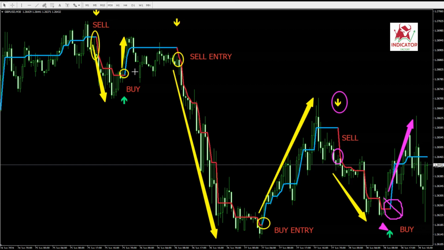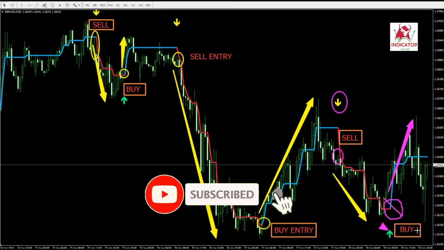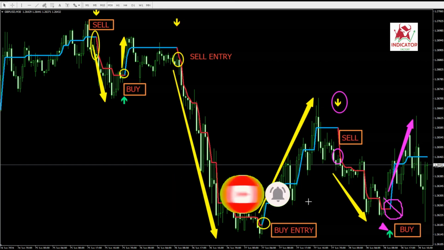We can say that from this chart which is in front of you, the accuracy of this strategy is about 90%, and you can easily implement it in daily trading, and you can make a lot of profit from it. I am now going to make the buy and sell entries prominent, so that you easily know at what point to buy and at what point to sell.